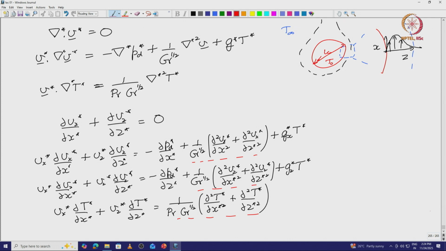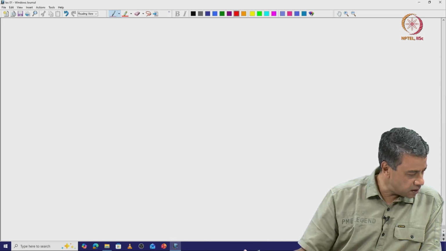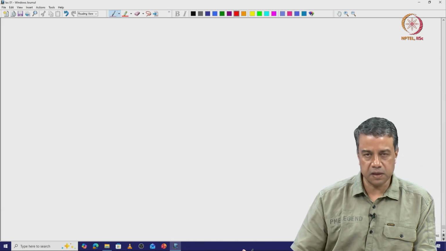Very close to the surface, diffusion has to necessarily act in order to transfer heat from the surface to the flow, within a thin boundary layer whose thickness will be determined from the condition that convection and diffusion are comparable.